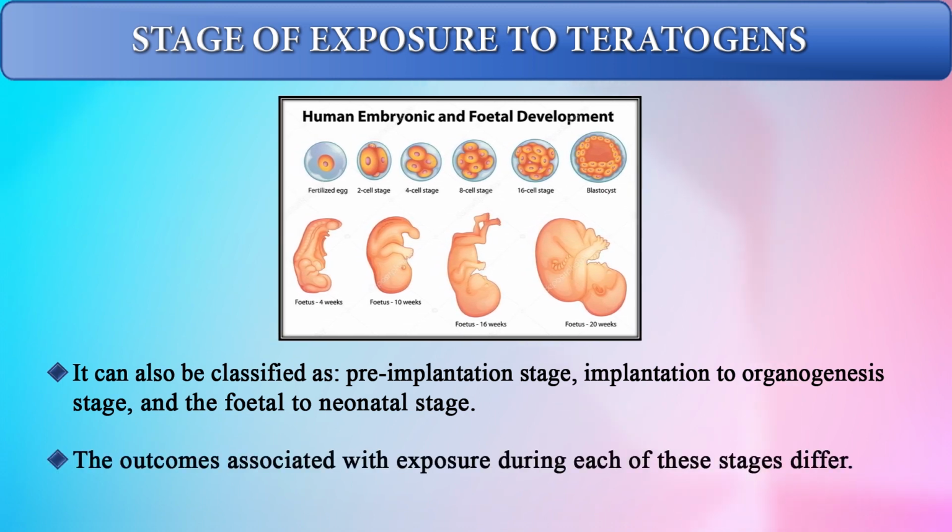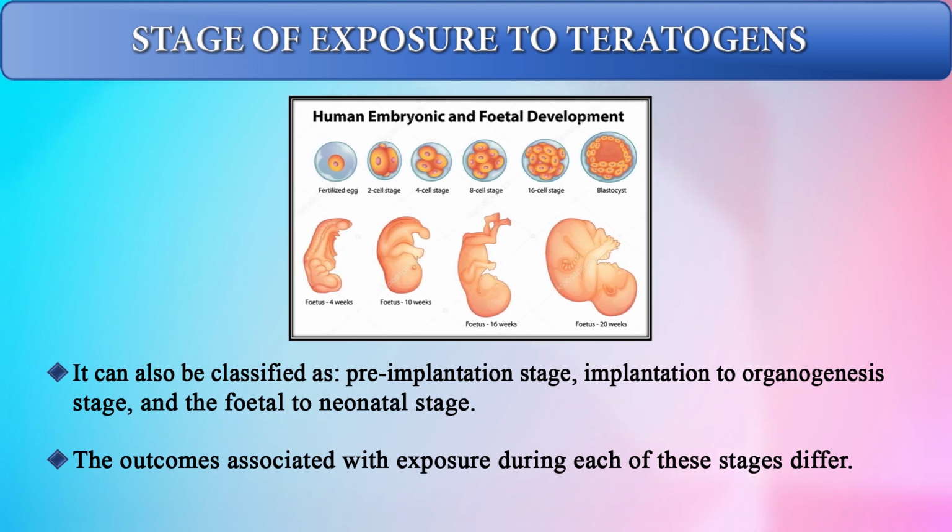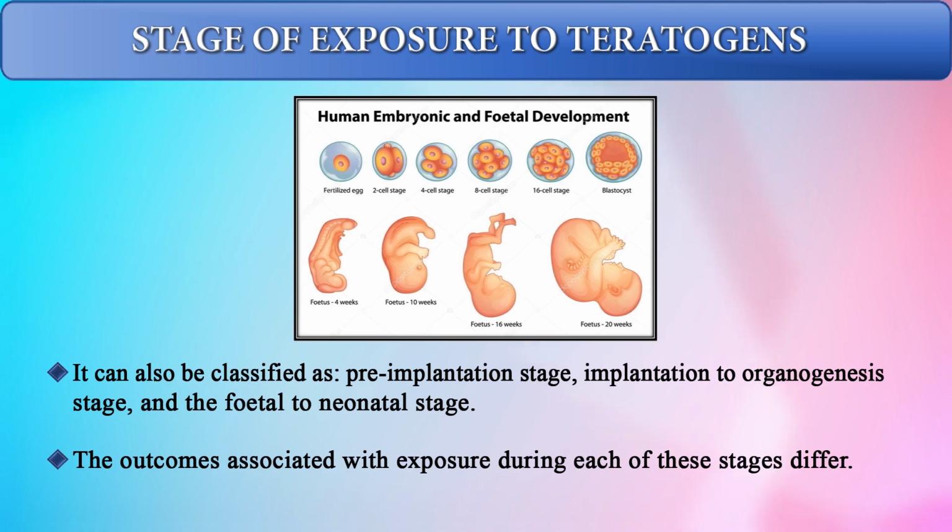The outcomes associated with exposure during each of these stages will definitely differ, and also from person to person. Exposure during the pre-implantation stage will cause embryonic lethality, that is, it will cause death of the child or fetus growing inside.